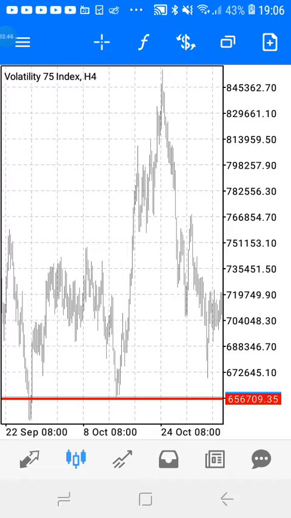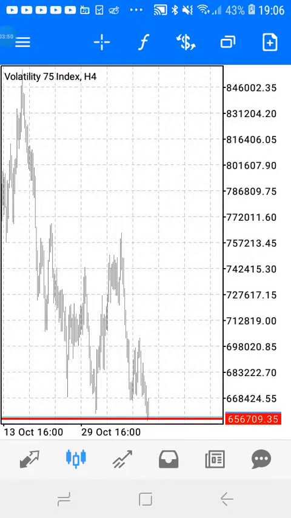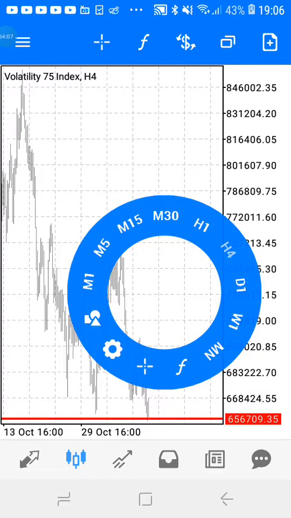This is support and resistance now, like this line that I have put there, it might bounce back. V75 might bounce back. So on day one, we are expecting some fall, and on H4, we are expecting a retracement. The price might push back.